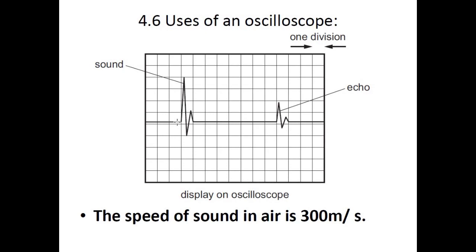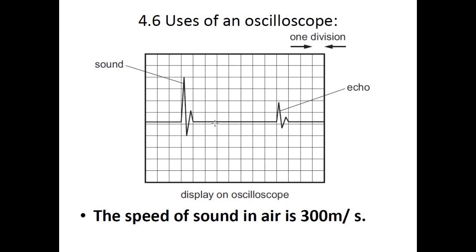Now how do you find the time between these two? Simply count between these. Either start counting from the start of the first peak till the start of the second peak, or count from the middle of the first peak to the middle of the second peak, or count from the end of the first peak to the end of the second peak.